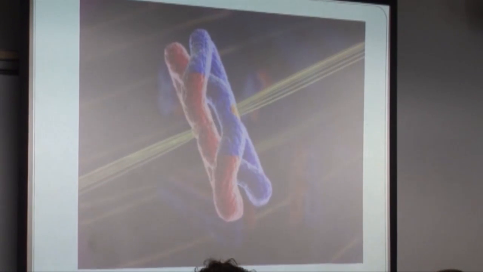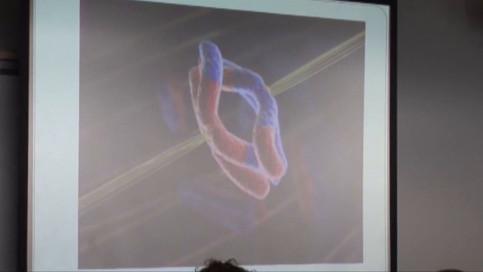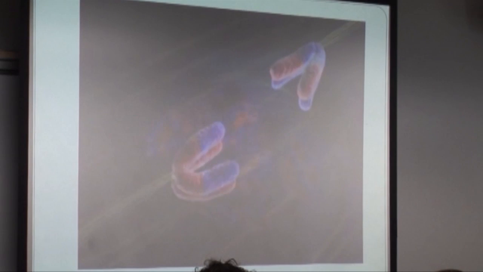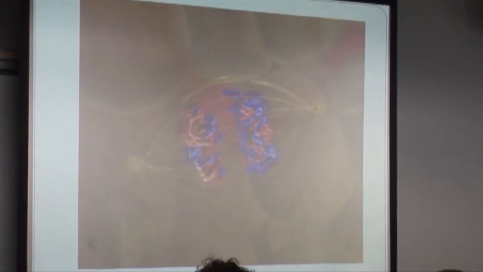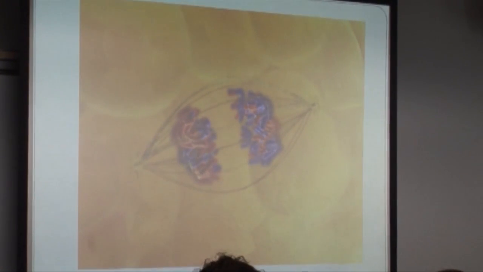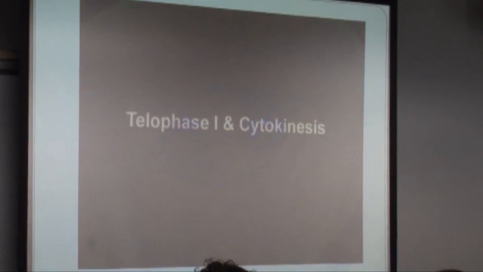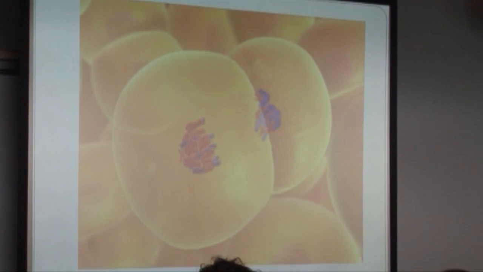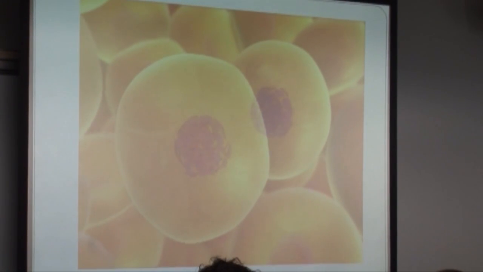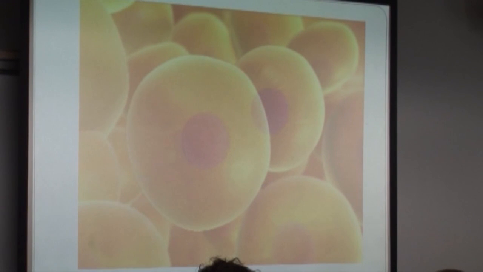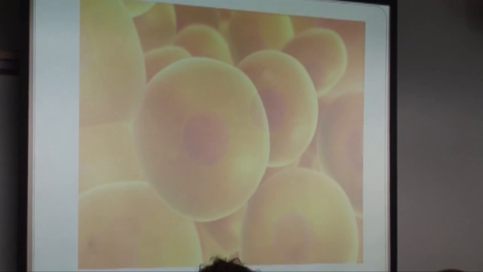The next stage begins when homologous chromosomes separate from each other and move toward opposite poles. Each chromosome still consists of 2 sister chromatids. This cell began meiosis with 46 chromosomes, but each daughter cell now has only 23 chromosomes.